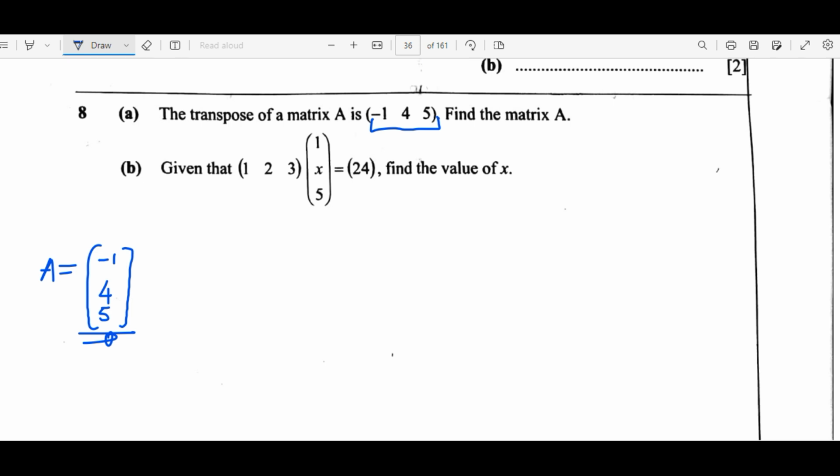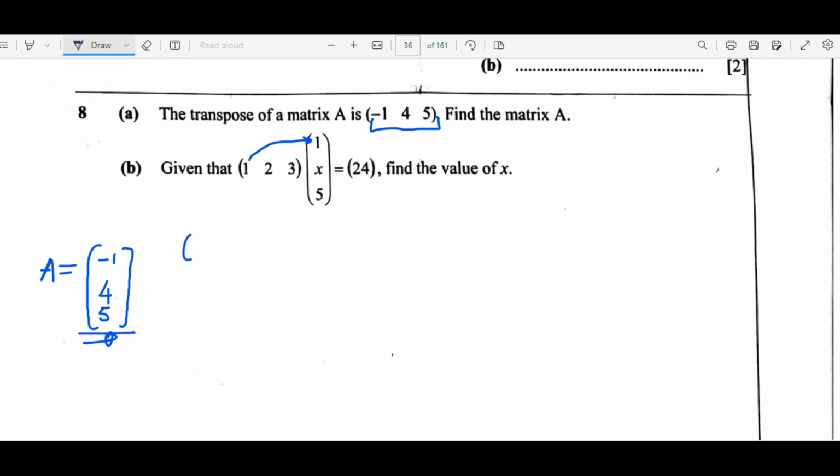Then for the last one, question B, given that this matrix is equal to, find the value of x. So we are going to use the row by column here. So we need to look at how we carry out this multiplication. This one will multiply with this one.